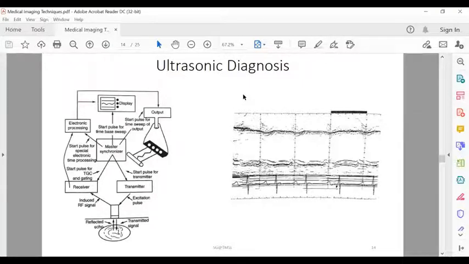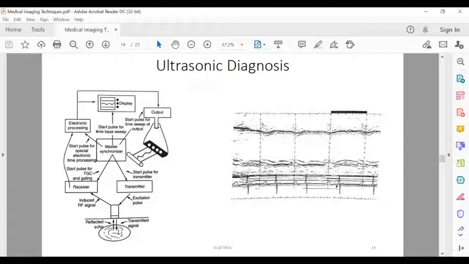Here, the transducer is placed such that the beam crosses the chest wall into the right ventricle, through the septum into the left ventricle and then through the left atrium. So the image of the aorta and mitral valve are also obtained using this technique.